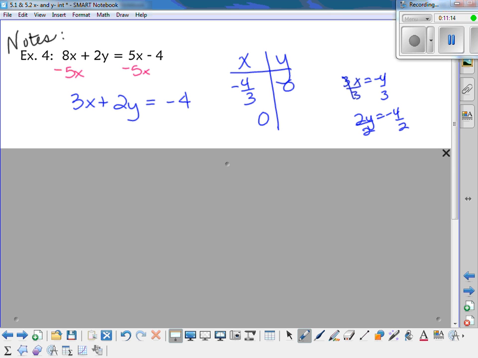Negative 4 divided by 2 is negative 2. Okay, so it's just the same. You just have to get it into standard form. That's the next thing we're going to do is graph it. Okay, so you guys understand it needs to be in standard form before you make the XY table?